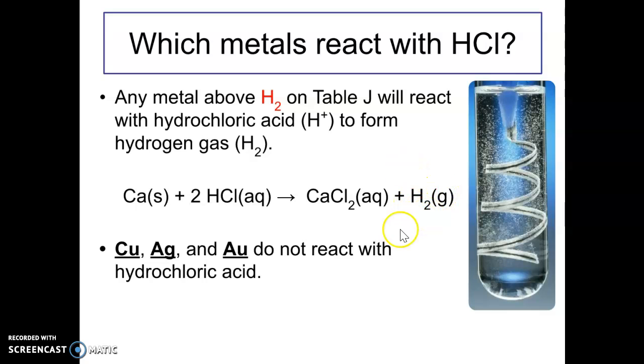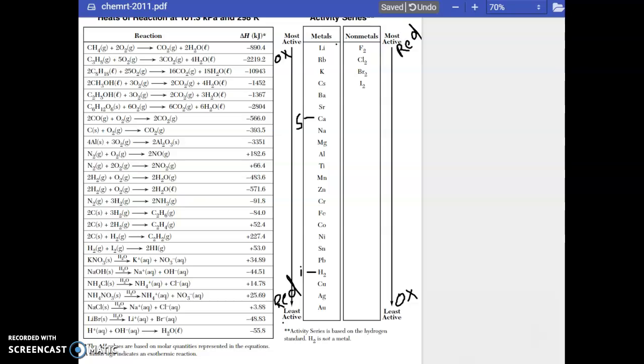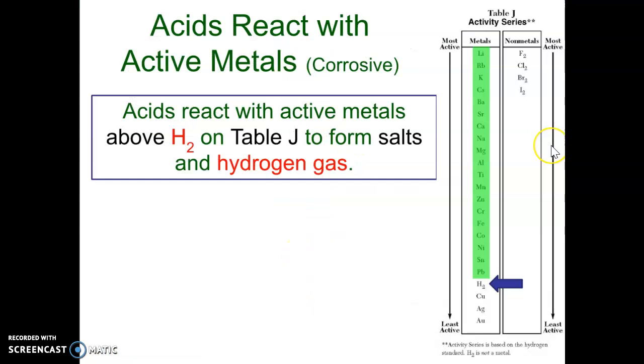Hydrogen gas is my favorite. Copper, silver, and gold do not react with hydrochloric acid, which makes sense because copper, silver, and gold are all below hydrogen. So you can't have the solid under the ion. The solid has to be above the ion for the reaction to occur.